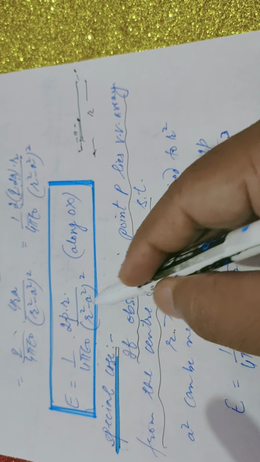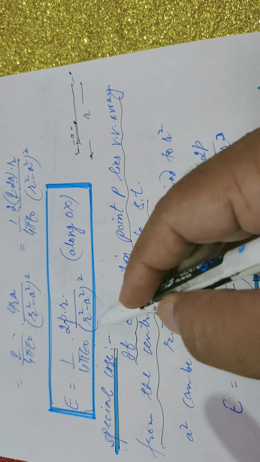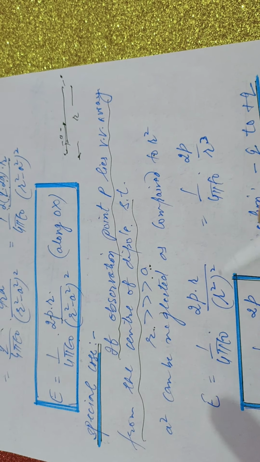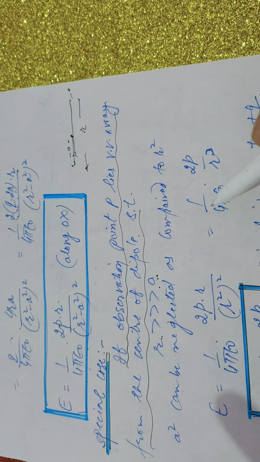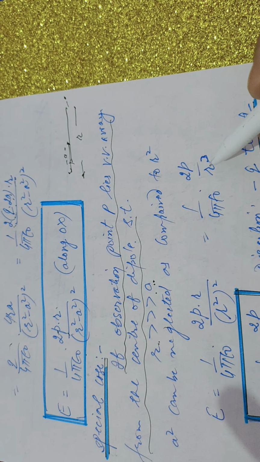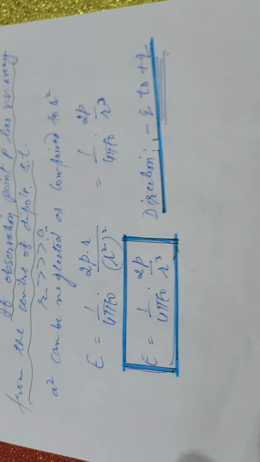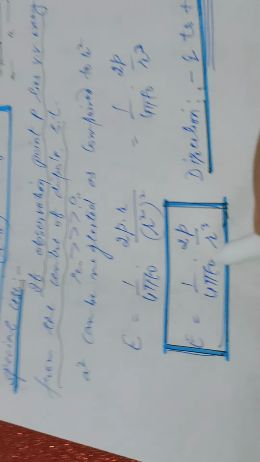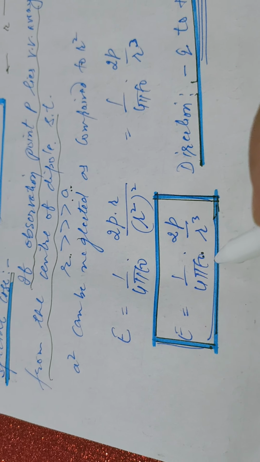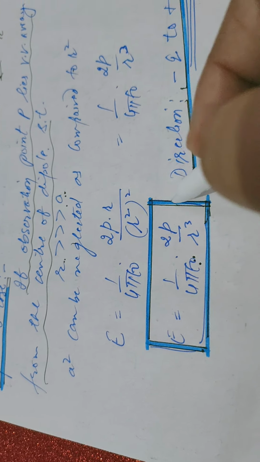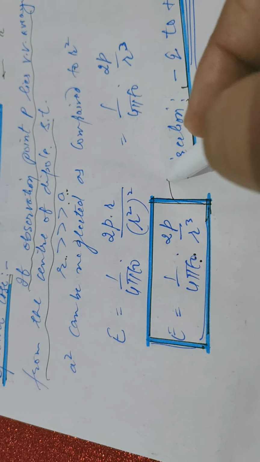So when a square is neglected, this will become 2pr upon r square square, that is r to the power 4. r cancels with r, this will become 1 by 4 pi epsilon naught 2p by r cube. So for small dipole, or when the observation point is very much away from the center of dipole, this is the result. You have to remember these two results.